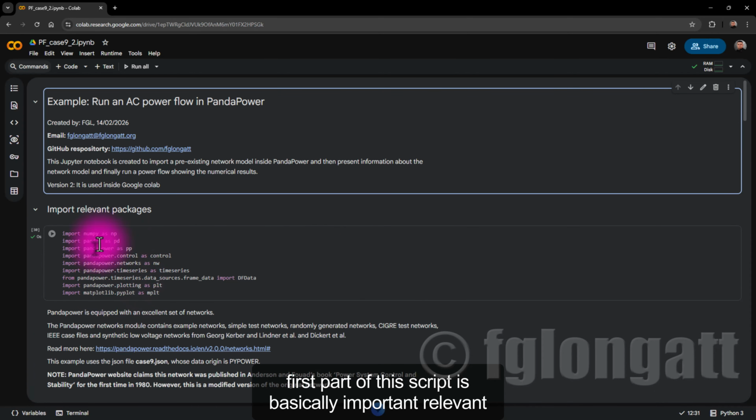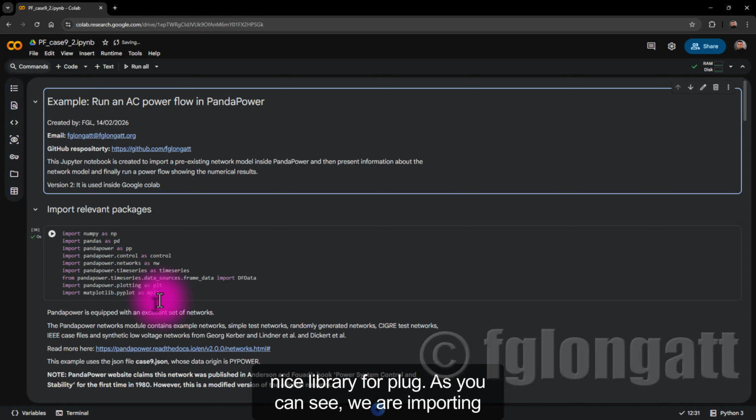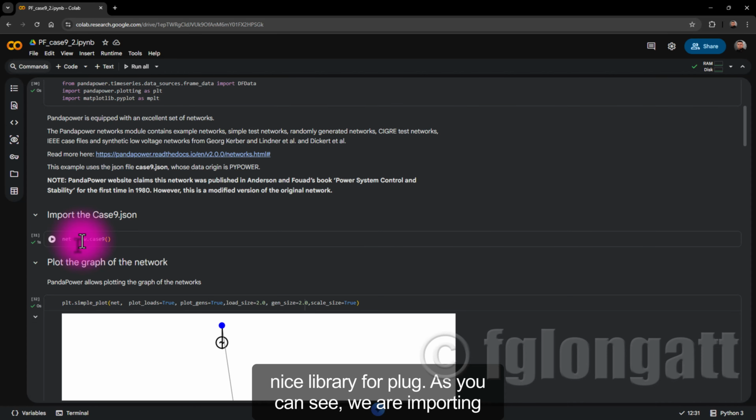The first part of this script is basically importing the relevant packages. You can see NumPy, Pandas, of course PandaPower, but also Matplotlib, that is a very nice library for plotting, okay? As you can see, we are importing here one of the predefined study cases inside PandaPower.